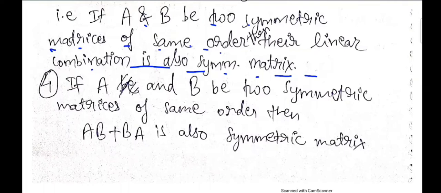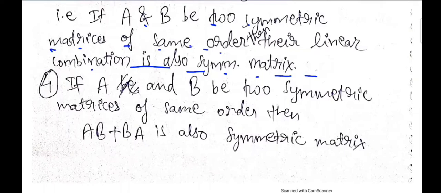What does symmetry mean? Symmetry means that the elements above and below the principal diagonal are the same. For a matrix to be symmetric, it must clearly be a square matrix, because the principal diagonal can be decided only for a square matrix, right?